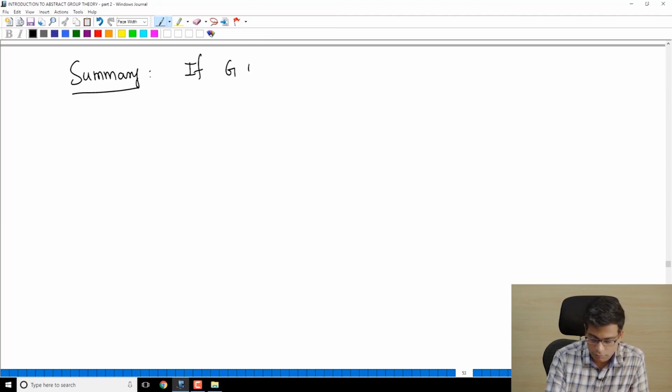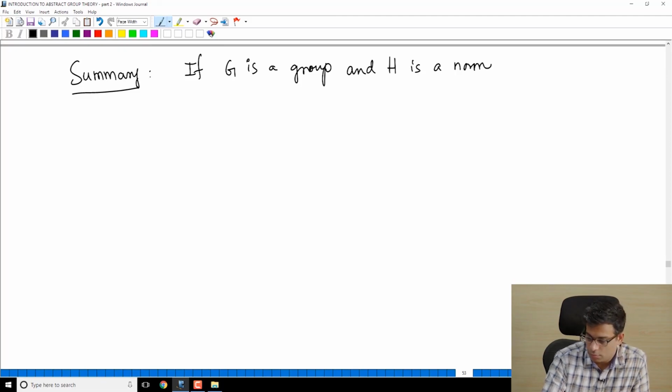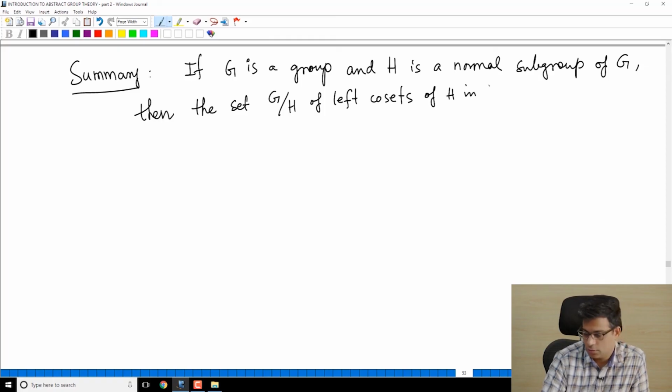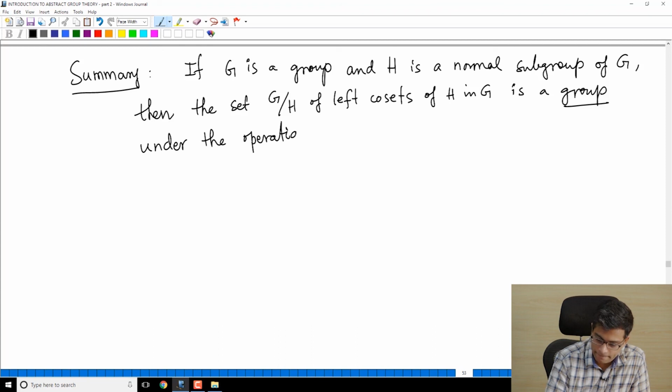If G is a group and H is a normal subgroup of G, then the set G mod H of left cosets of H in G is a group under the operation AH times BH equals ABH.